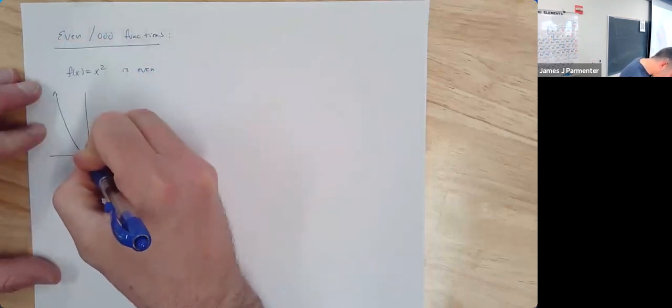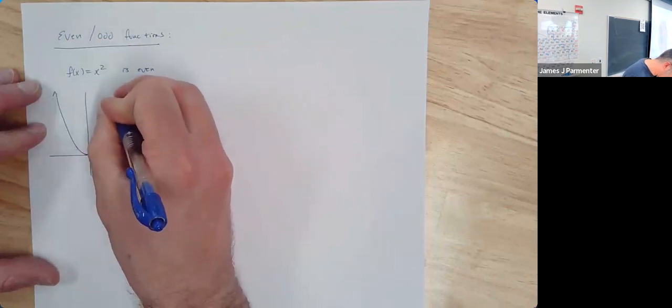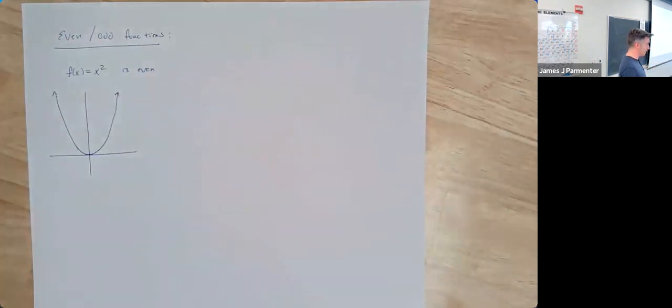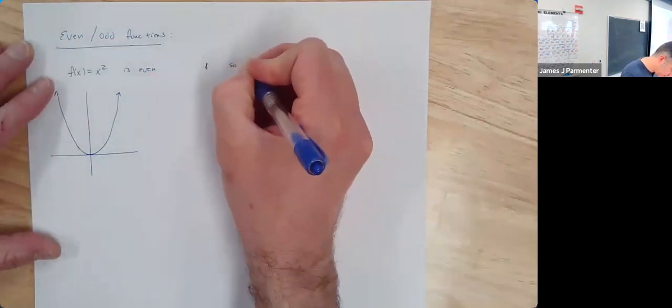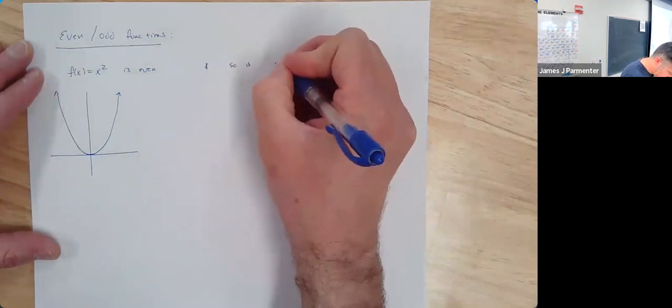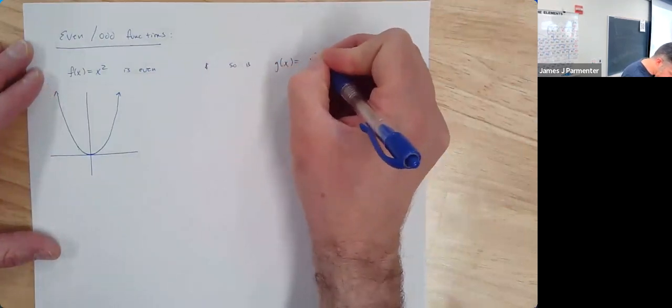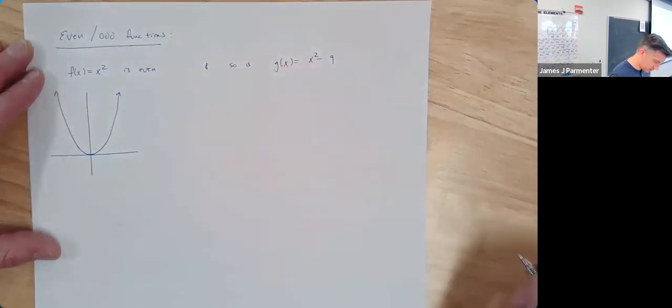I would go so far as to say f of x equal to x squared plus or minus any constant is also just as good. And so is something like g of x equal to x squared minus 9, for example.